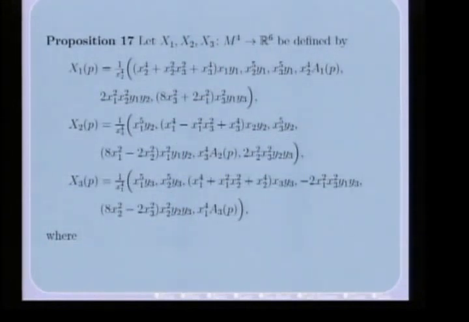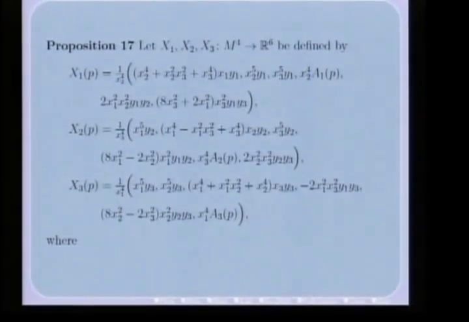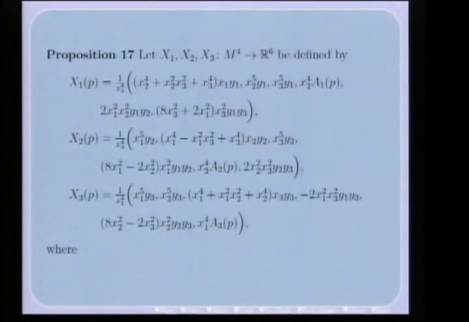Now you define on this 4-dimensional submanifold of R^6 3 vector fields. Well, in principle, they are functions from M^4 to R^6. But it turns out that they are tangent to M^4 at any point.